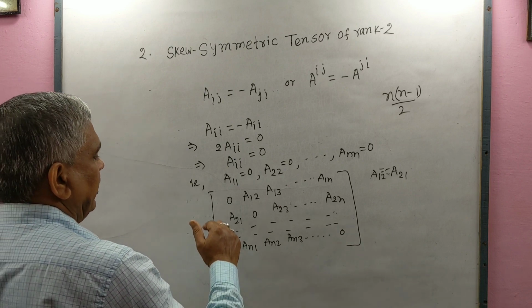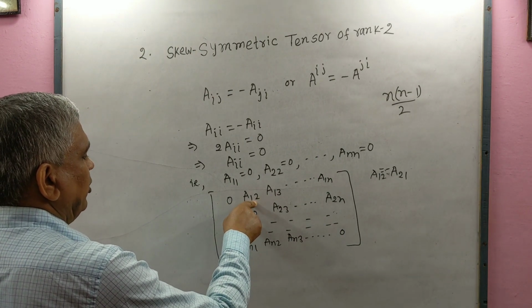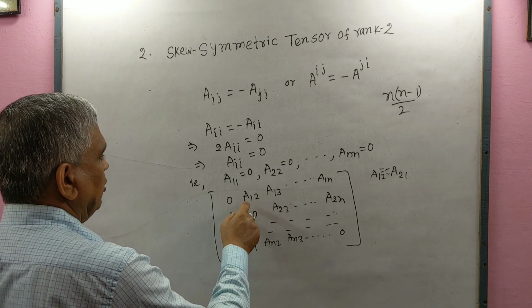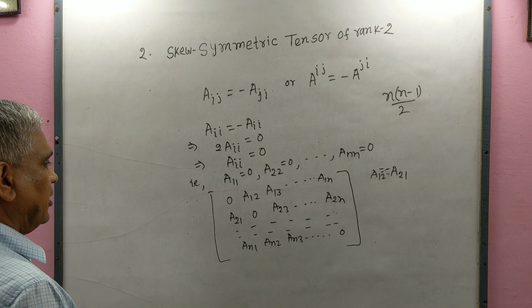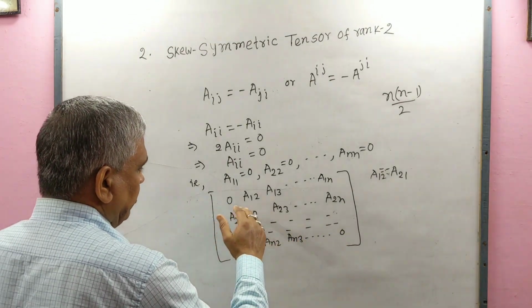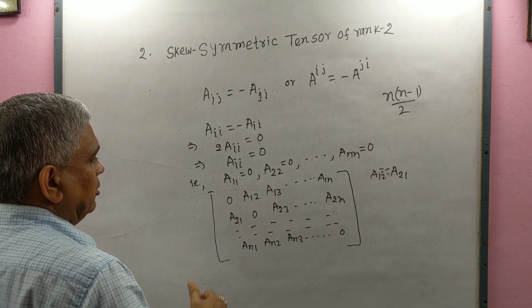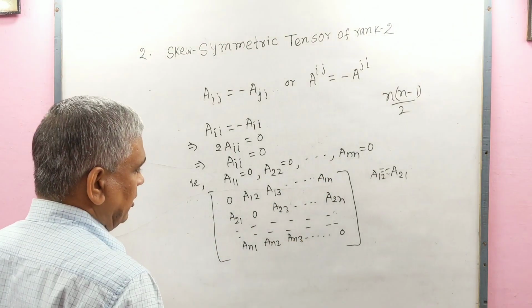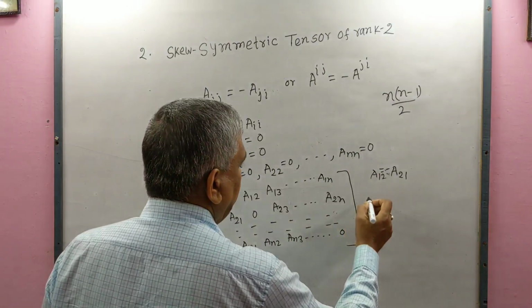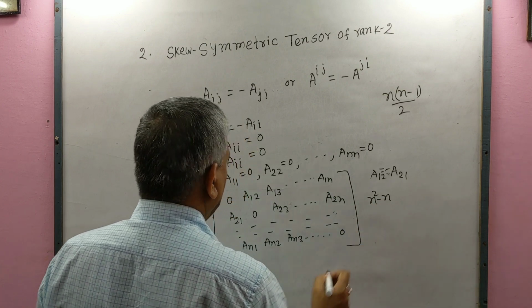Similarly, we get that this component and this component are dependent on each other. For two components, we get only one independent component. So components below the diagonal are dependent on the components above the diagonal. Non-diagonal components are n square minus n.